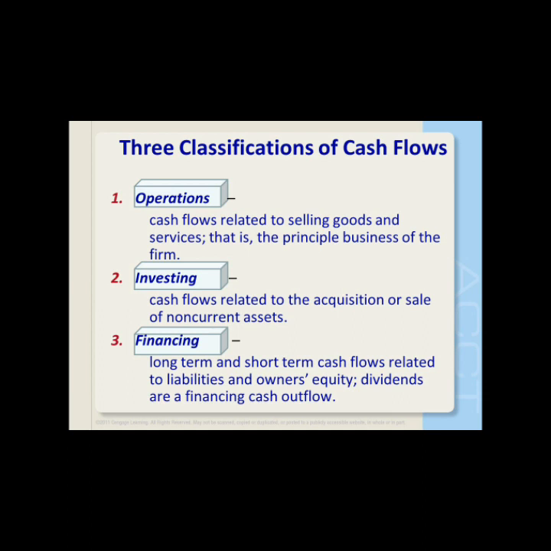Investing is cash flow related to the acquisition or sale of non-current asset. Example, we buy fixed asset. And financing is long-term and short-term cash flow related to liabilities and owner equity, dividends, or financing cash outflows.